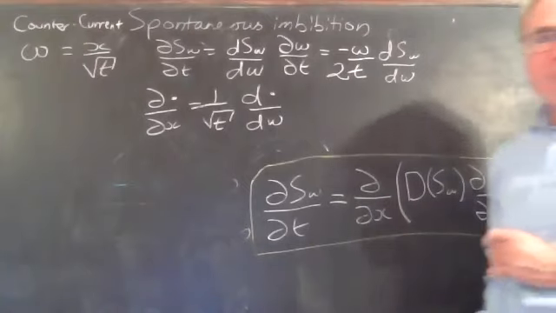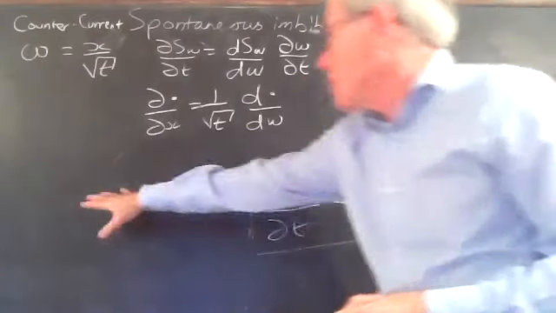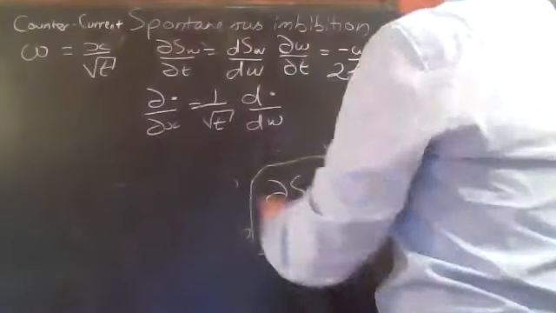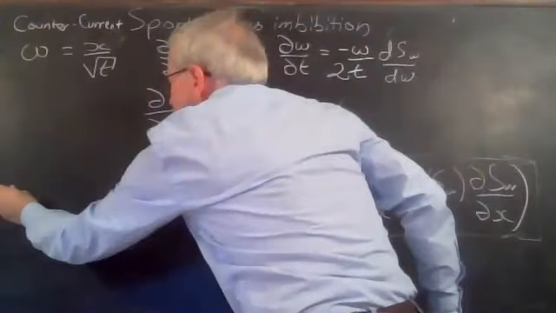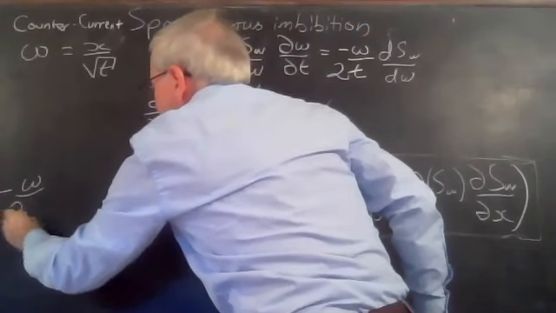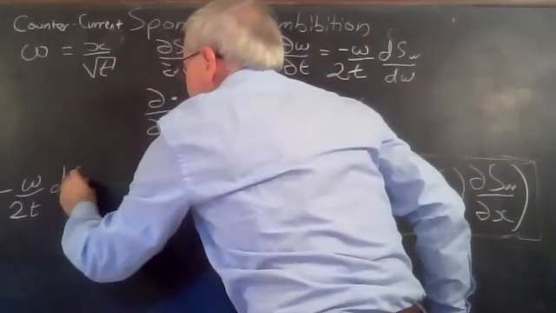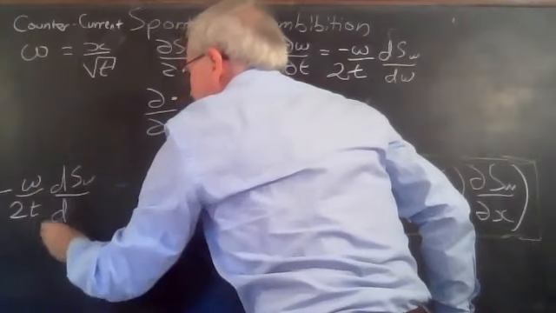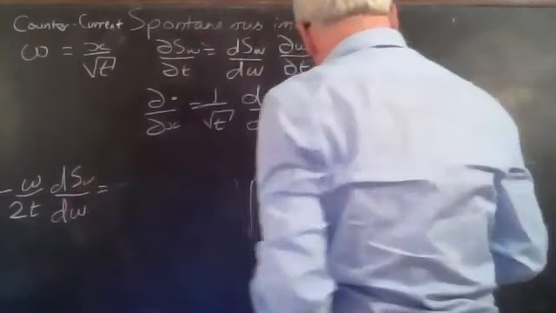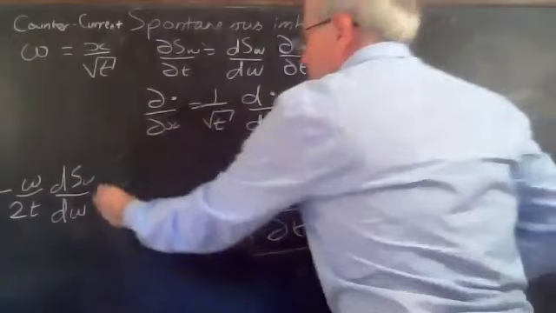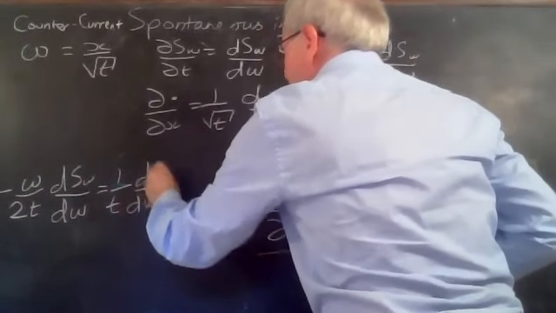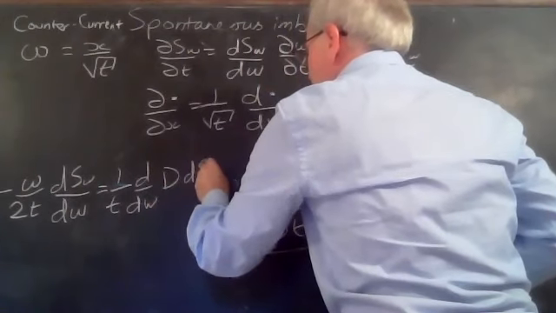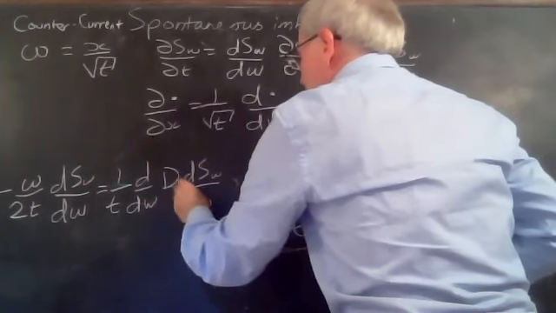So let's substitute that in the equation, and I'm going to write it down here. So we've got here minus omega over 2t dsw by d omega equals. Then we've got 2 of these, so we've got 1 over t d by d omega of d dsw by d omega.